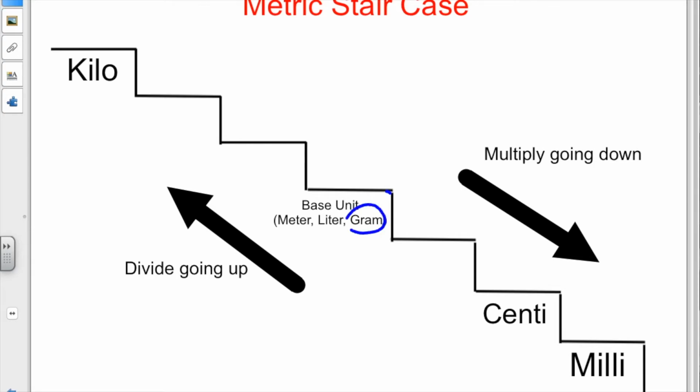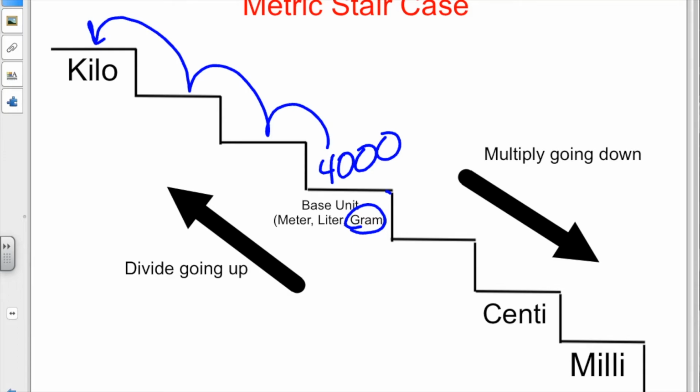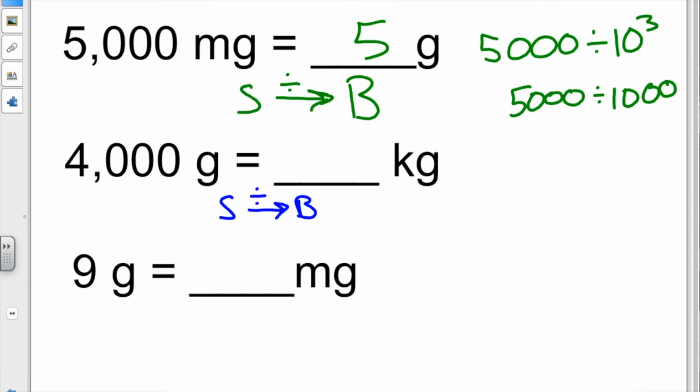So we have grams, 4,000 of them. And we need to go up to kilograms, 1, 2, 3 steps. So again, that's 10 to the third power. And we are dividing. So we have now, again, 4,000 divided by 10 to the third power.